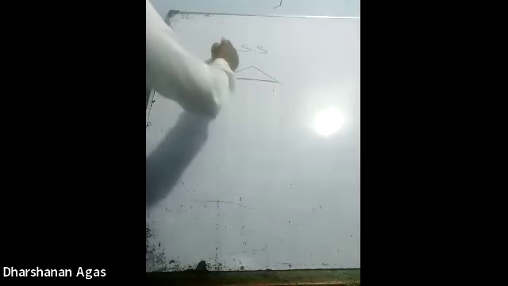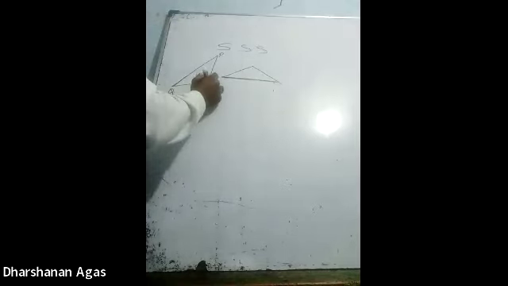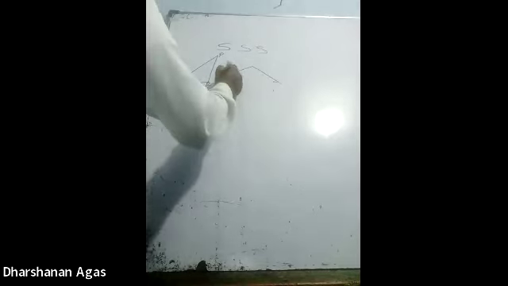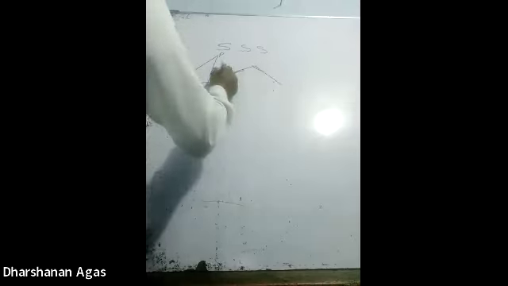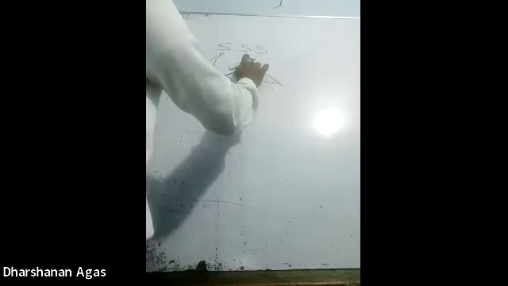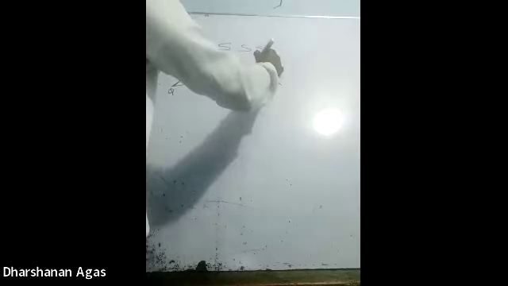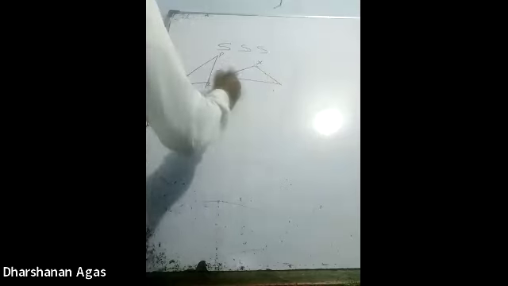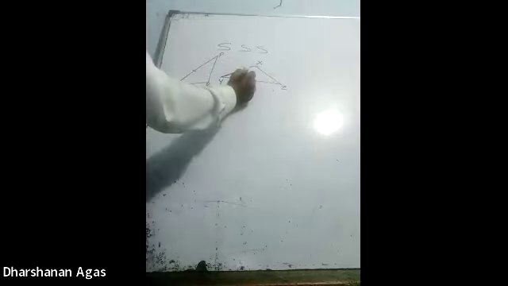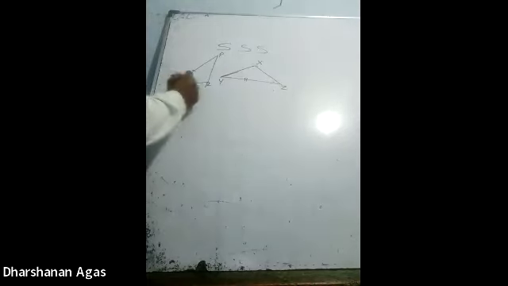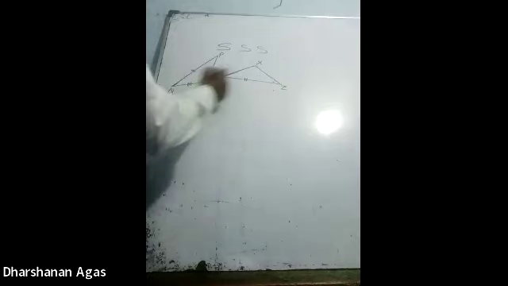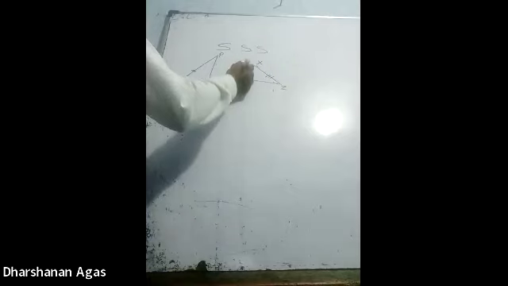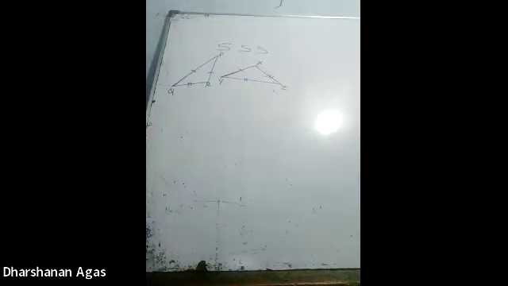Where should I draw these two triangles? Directly I gave all the sides, equal sides.